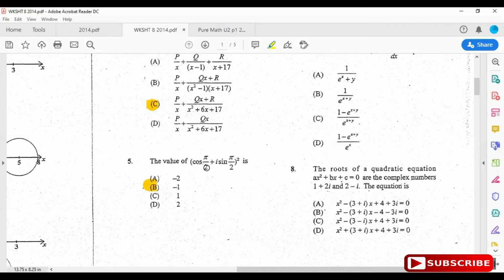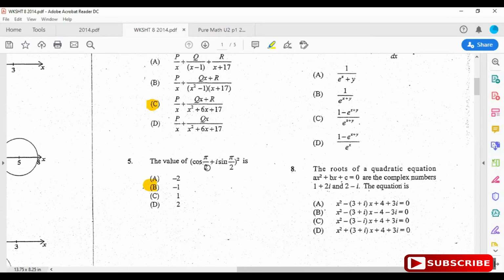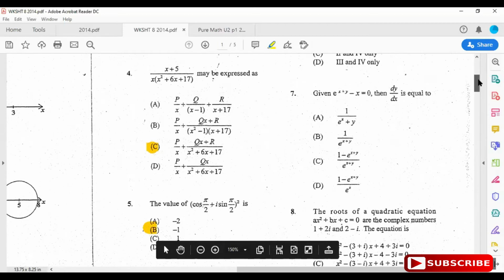So the trick is, if you see something like pi over 3 raised to the 3rd power, just know the answer is going to be -1. They love to put this same question, but just change the number. It's the same question they always ask.